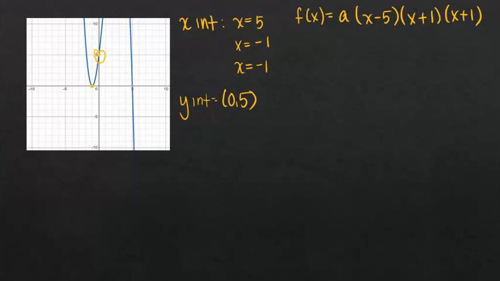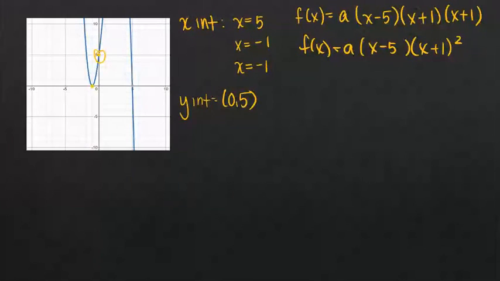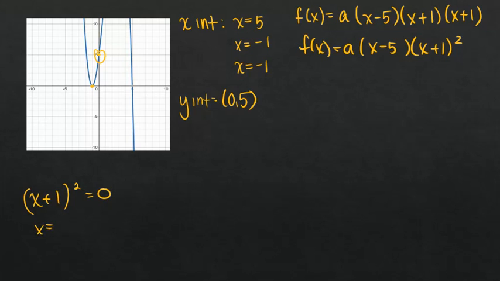Okay, and if you want to see why, it's really because this can be written as f of x equals a(x minus 5)(x plus 1) squared, right? And so what ends up happening is if you were to solve this, let's say (x plus 1) squared, when I take the square root of both sides, it gives me x plus 1 equals 0 and x equals -1.